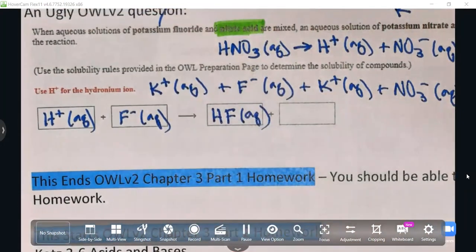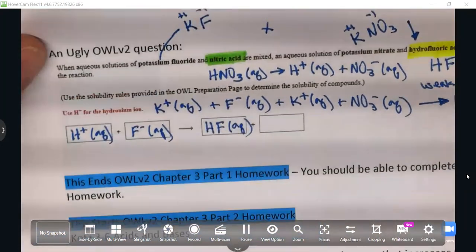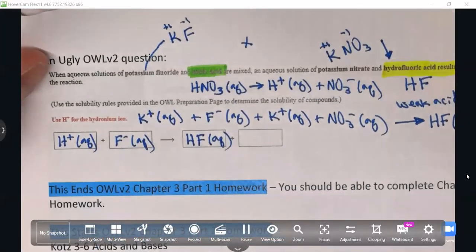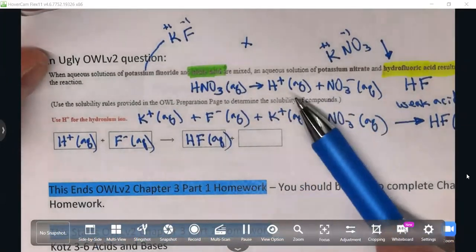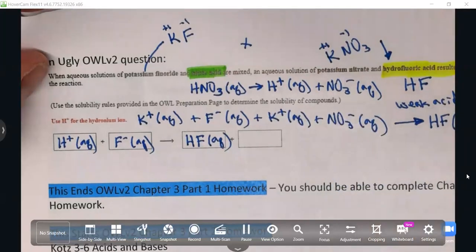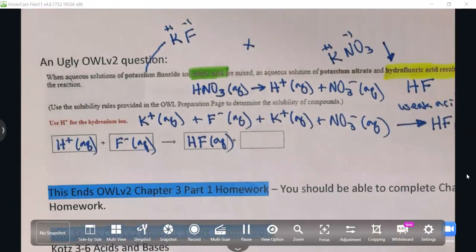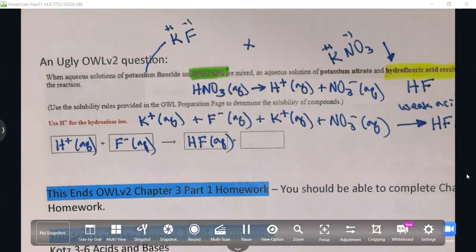The other box is going to be blank. So if you have something involving a strong acid, the hydrogen is going to come off, and a weak acid is going to stay together. My apologies, I made a mess out of that.